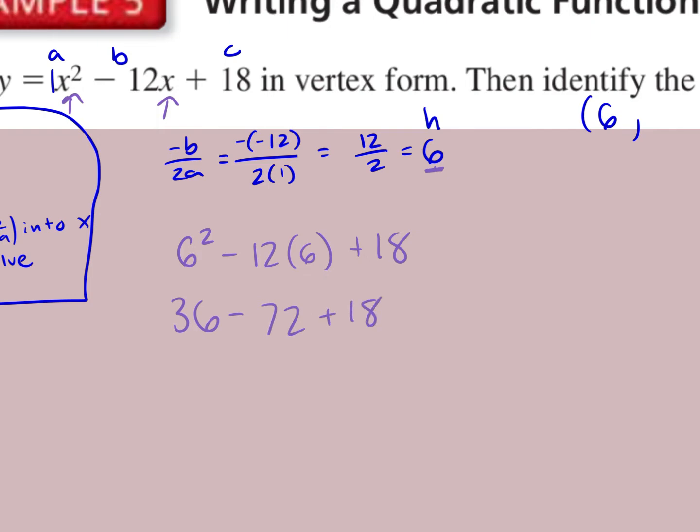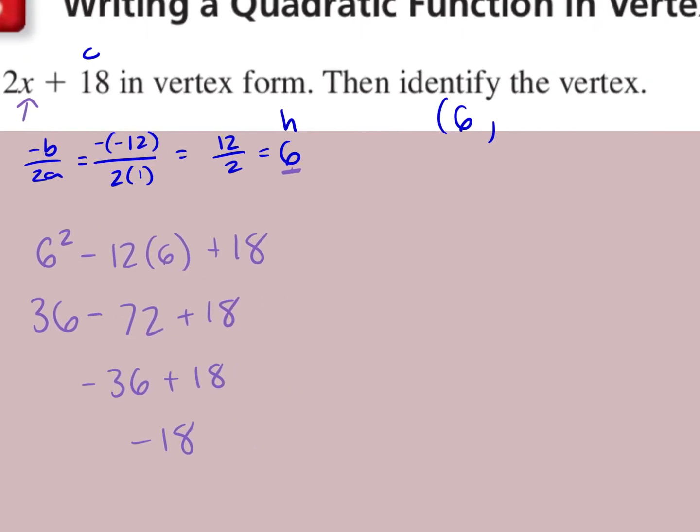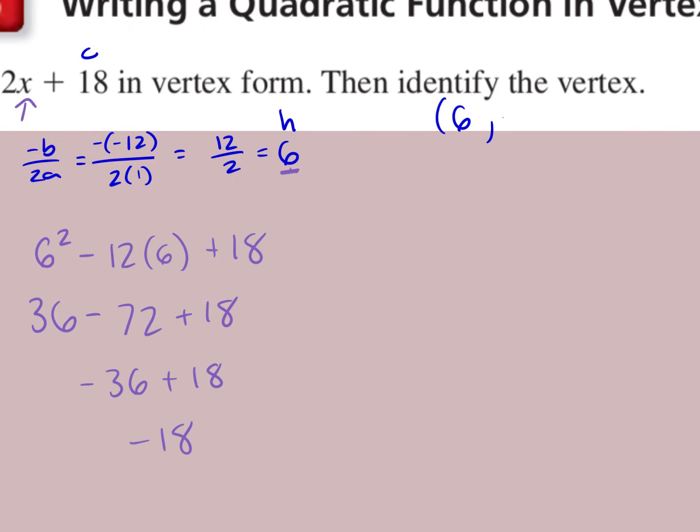So then we just add them all together, negative 36 plus 18, which would be negative 18. So the y-coordinate, or my k, is negative 18. So this is my vertex.